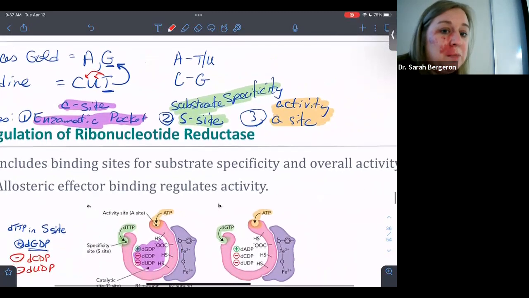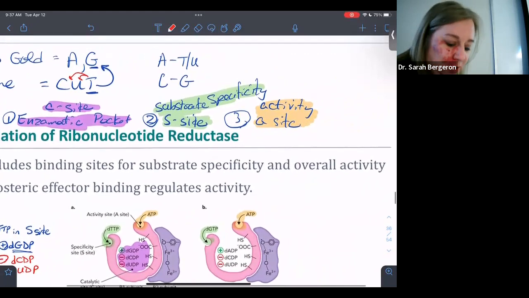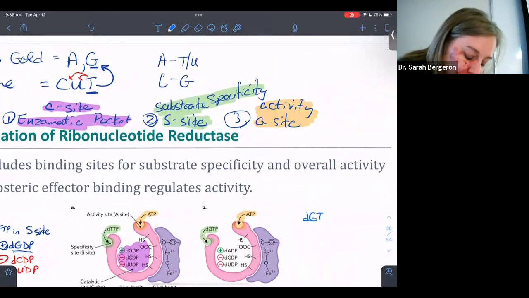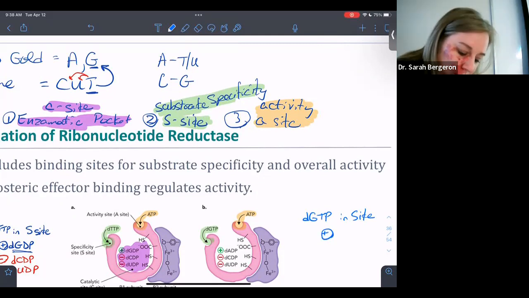Okay, so now let's look at B. I'm trying to keep everything on the screen. Okay, if we have dGTP in the S site, what's going to happen? We're going to promote dADP.